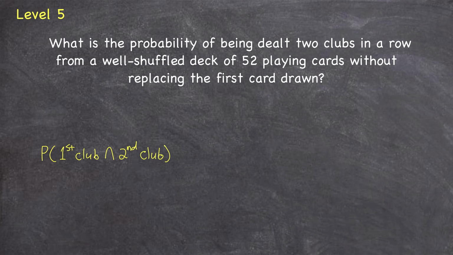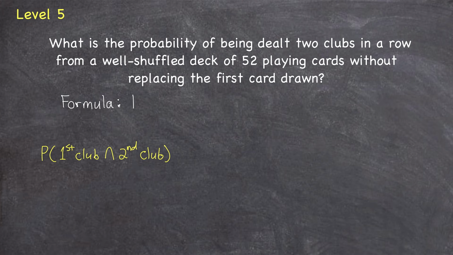For probabilities, when we want one event to happen and another event to happen, we're going to use multiplication. But for this question, I'm going to need the formula for the multiplication of dependent events. I know these events are dependent because I'm not replacing the first card that's drawn. Meaning, after you draw the first club, that's going to affect the probability of you drawing the second club.